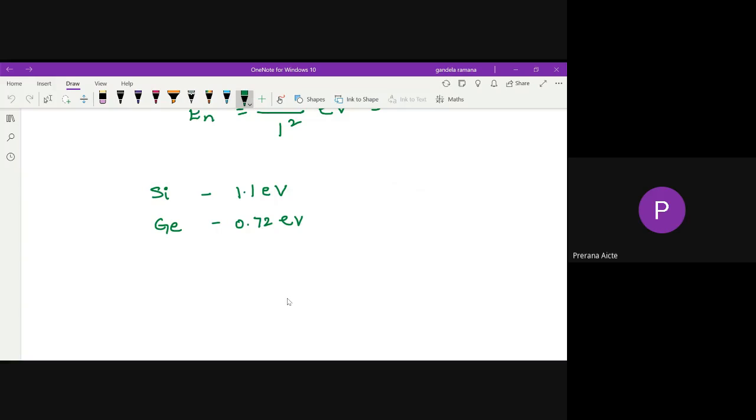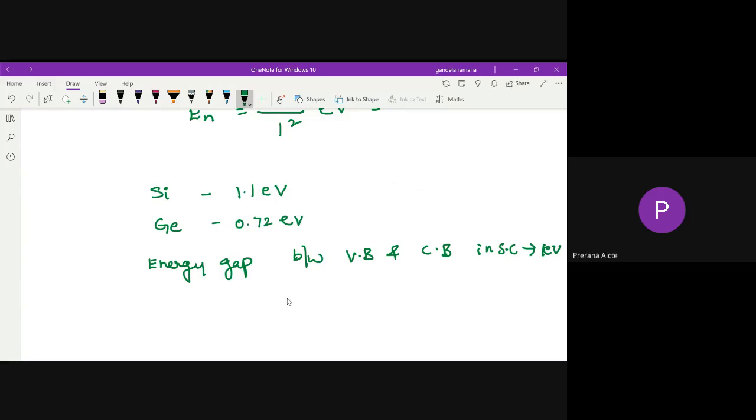So the energy gap between the valency band and conduction band in semiconductors is 1 electron volt.